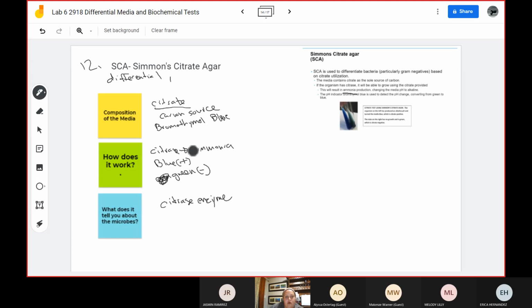And you could argue a selective media as well. Well, not selective, enrichment media. You might be able to argue it's selective, but you'd have to give me a good reason why, and I'm not going to tell you what that reason is.